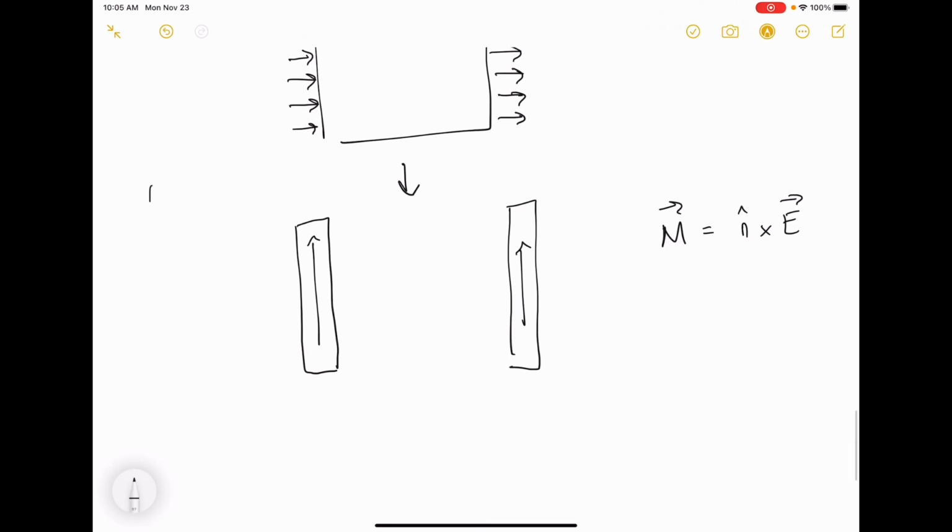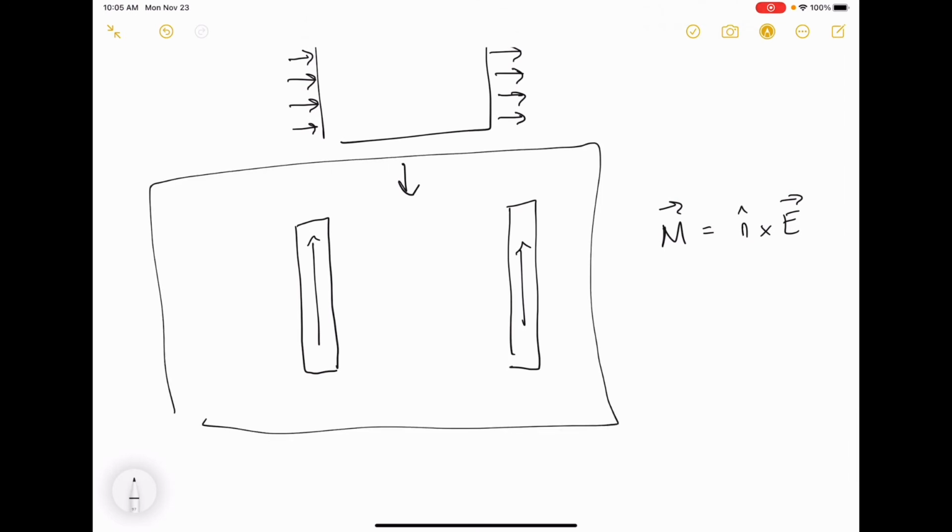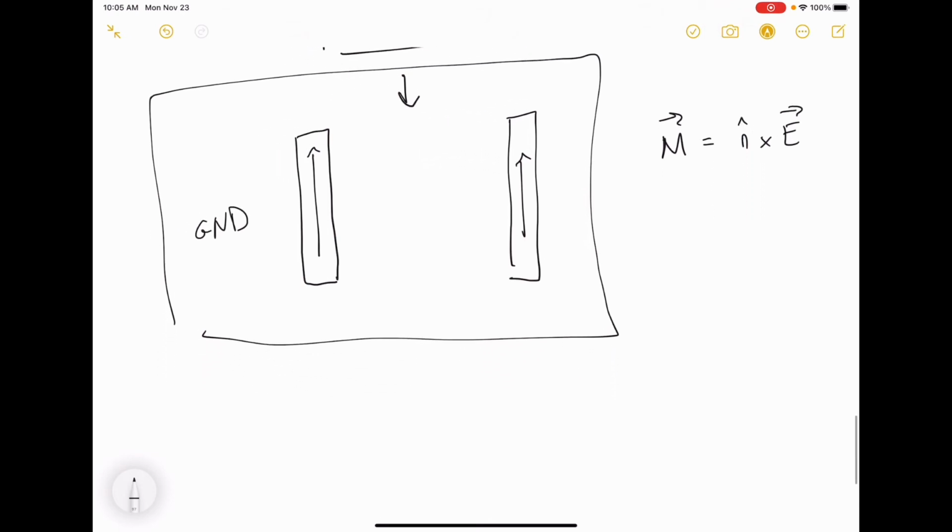But it's still above a ground plane. And we can make this problem one step easier by using image theory to remove the ground plane.